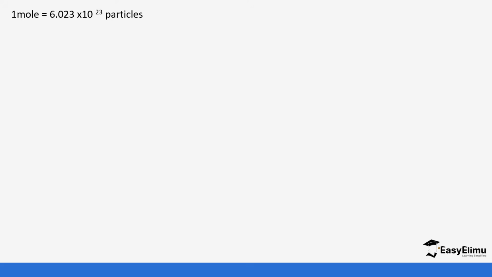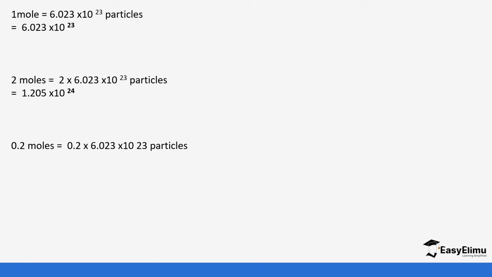So 1 mole is equal to 6.023 times 10 power 23 particles. If you take 1 mole, you get that value. If you take 2 moles, you multiply the same, so it means double the number of particles in that substance. If you take 0.2 moles, it's 0.2 of the particles in that substance.